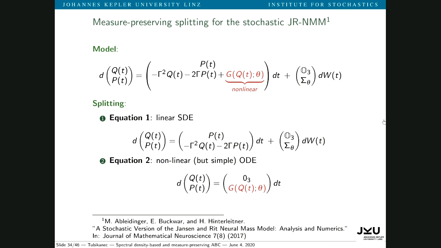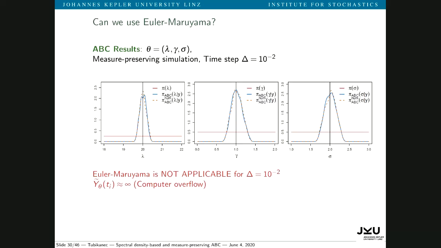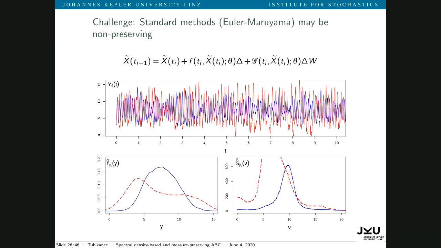I think I had one slide on this. It's also very sensitive, because the spectral density carries information about both frequency and amplitude. And I mentioned that Euler-Maruyama in oscillatory models often has problems with the second moment, in other words, with the amplitude.